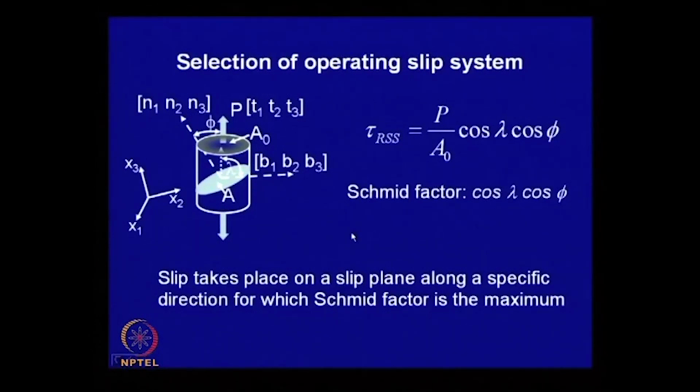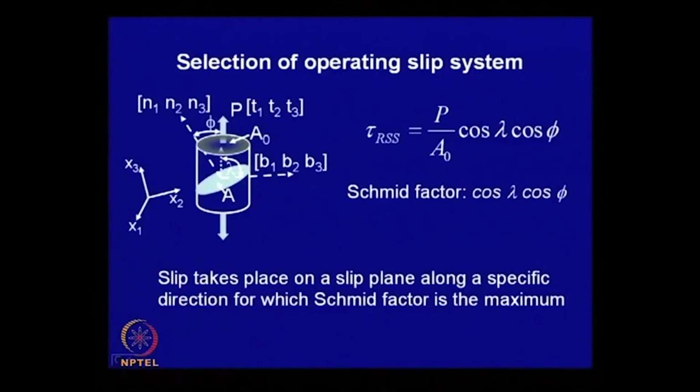Now, how do we decide which slip system will be operating? A face centered cubic crystal has 12 possible slip systems, which are different combinations of slip plane and slip direction. There are 4 octahedral planes of 1 1 1 type, all identical, and on each plane there are 3 directions along which slip can take place.